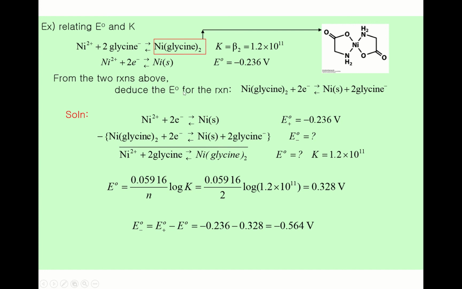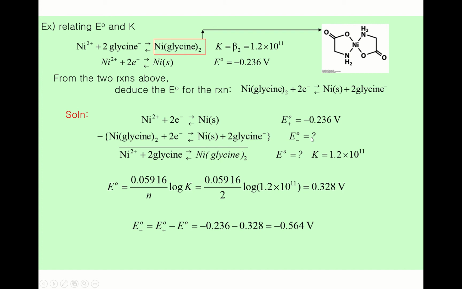Here we write nickel first, and then the nickel glycine complex. The E0 value for this one is already known, which is minus 0.236 volts, and this one is not known.